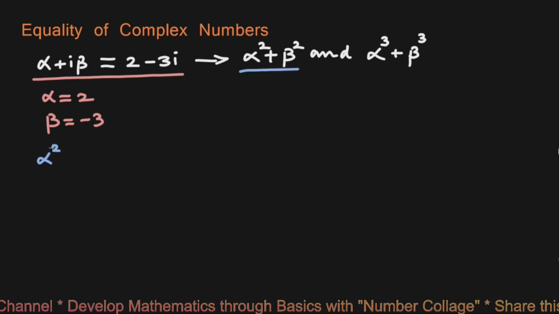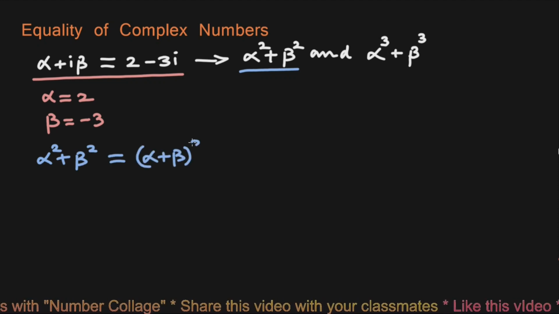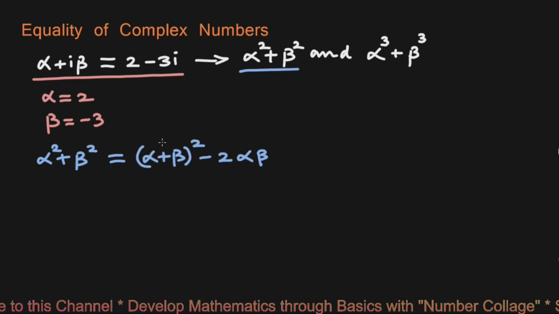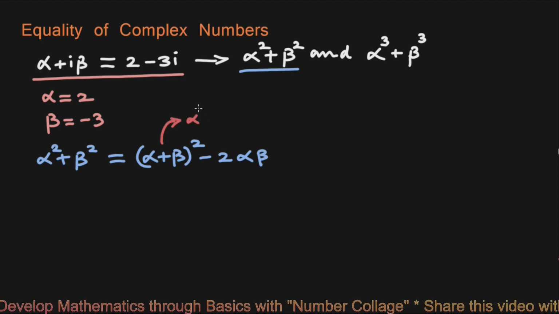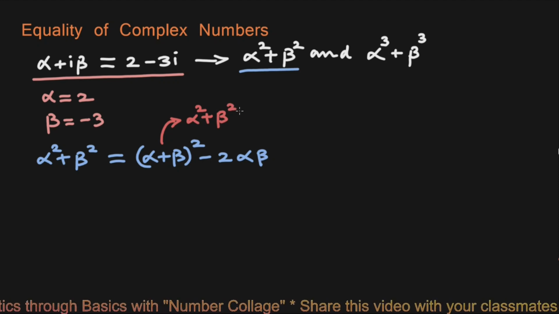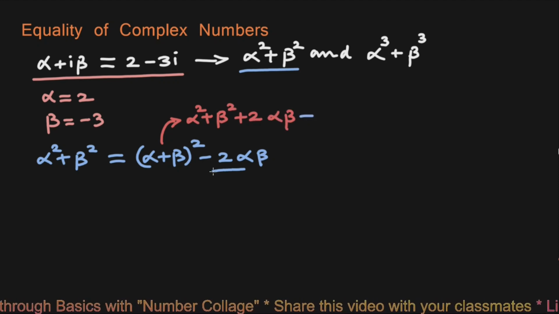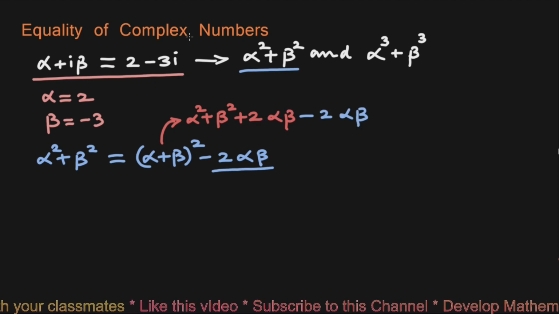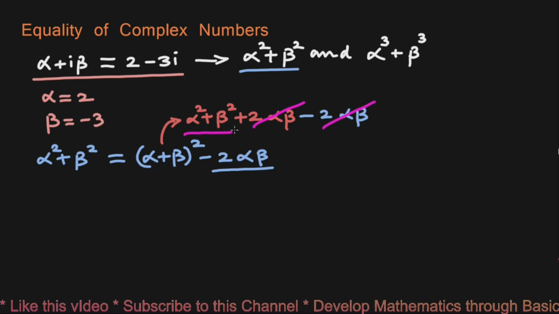Alpha square plus beta square is (alpha plus beta) whole square minus 2 alpha beta, because this (alpha plus beta) whole square gives us alpha square plus beta square plus 2 alpha beta, and minus this 2 alpha beta. After cancelling these 2 alpha beta, we get alpha square plus beta square.